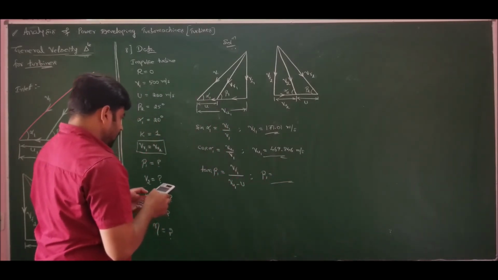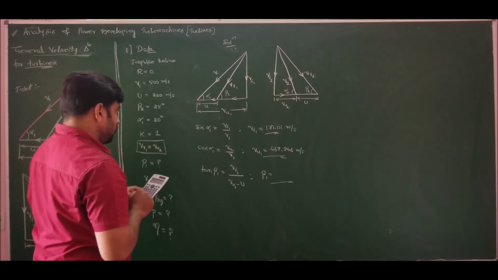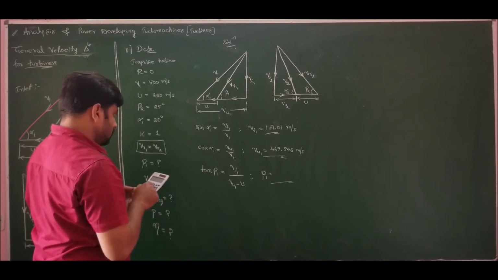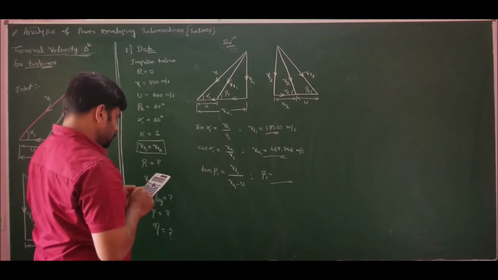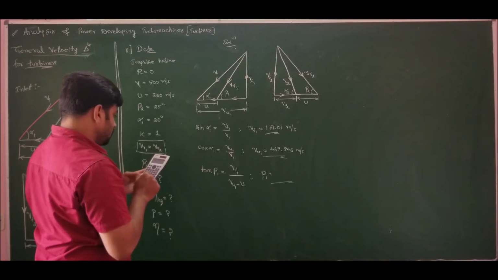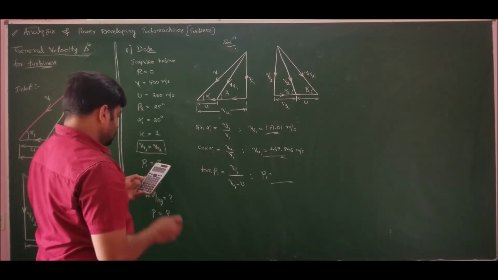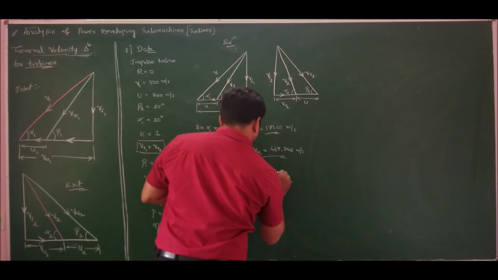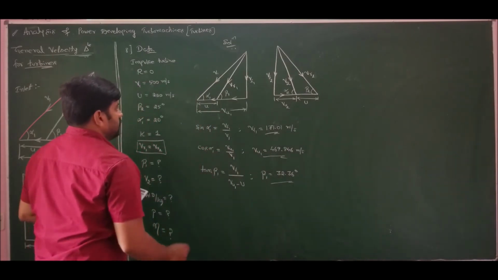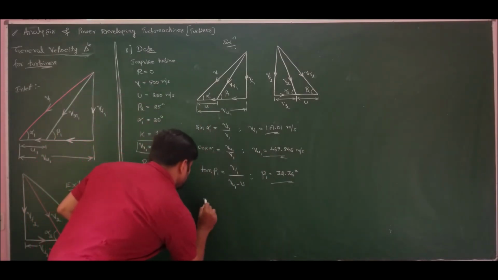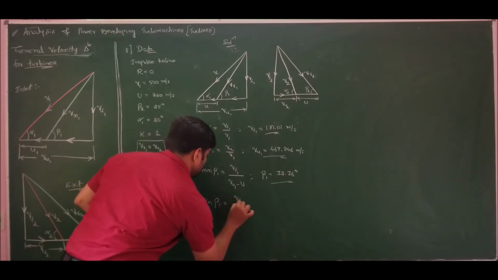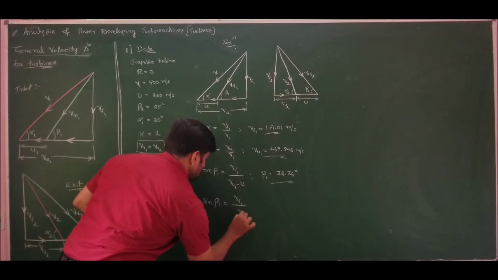Beta 1 will become tan inverse of VF1, 171.01, divided by VU1, 469.846, minus U, given as 200. So therefore beta 1 will be 32.36 degrees. Now we can find the value of VR1 by using sin beta 1, which is VF1 by VR1.